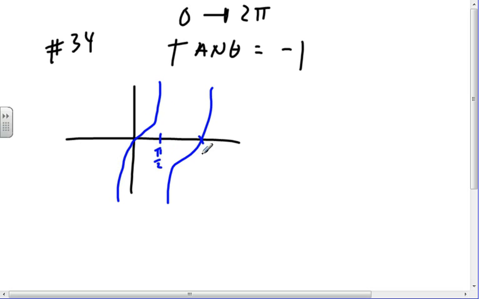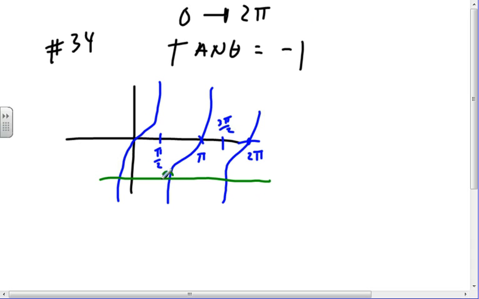That is pi over 2. And over here I've got pi. And right there I've got 3 pi over 2. And right here I have 2 pi. So if I go to -1, that's going to be there.